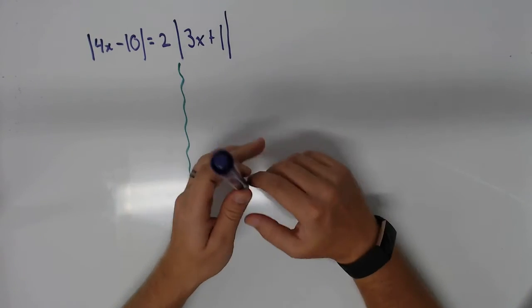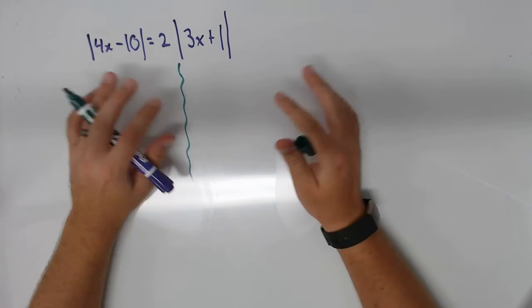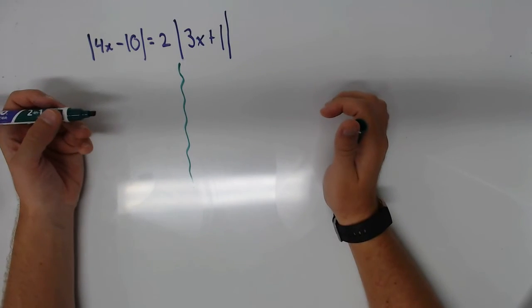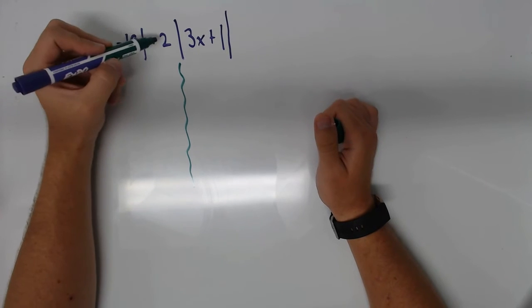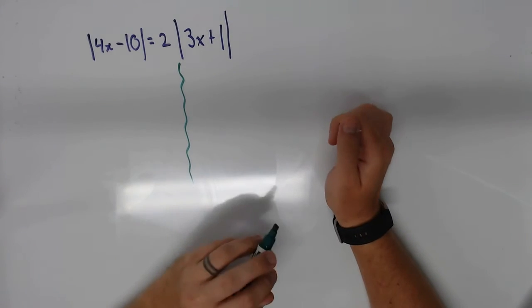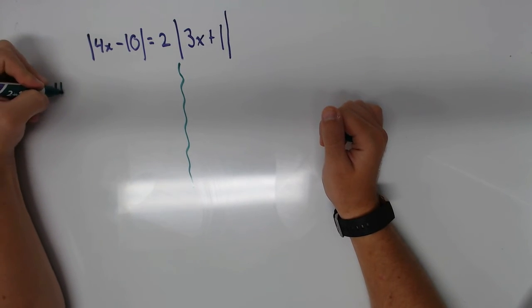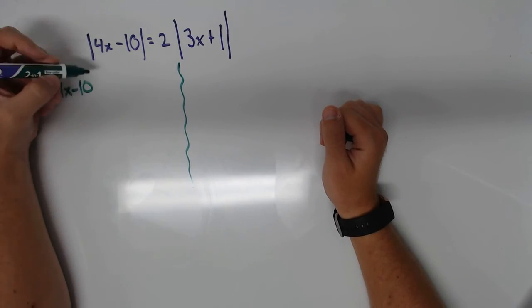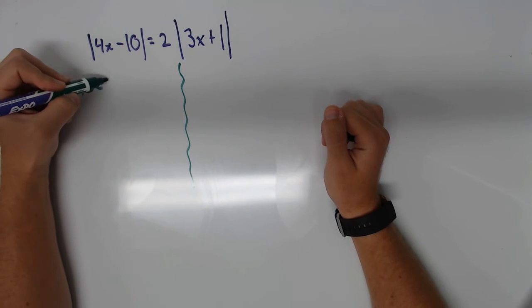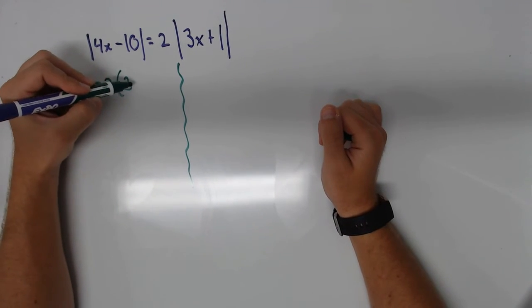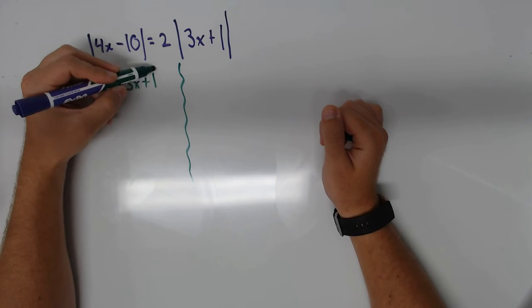Okay, so in this situation, if I don't want to do any algebra steps first, what I have to say is the one that's not already isolated is the one that has to get the positive and negative sign. So I'm going to leave the 4x minus 10 alone for this problem. On the other side, I'm going to turn the absolute value into a parentheses now.